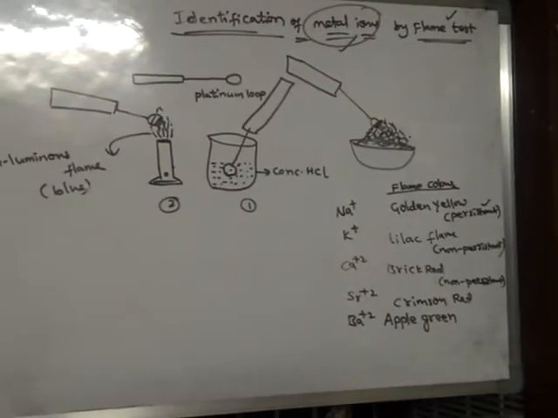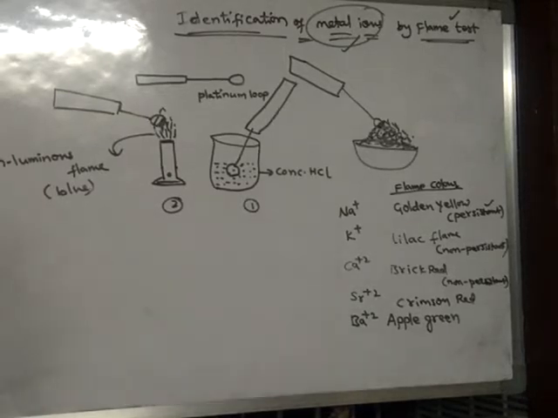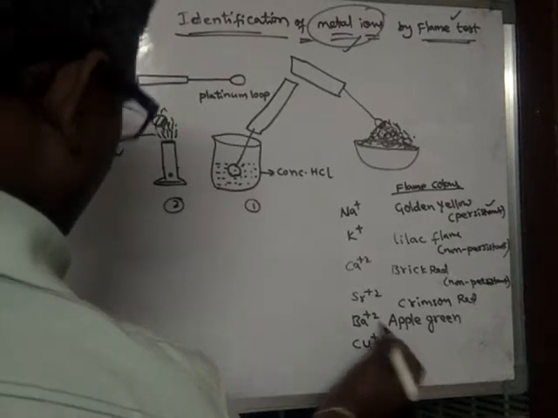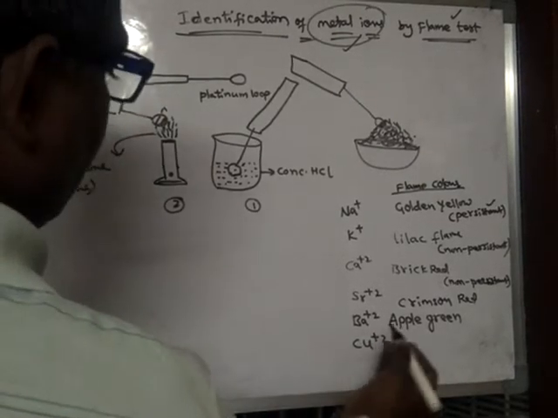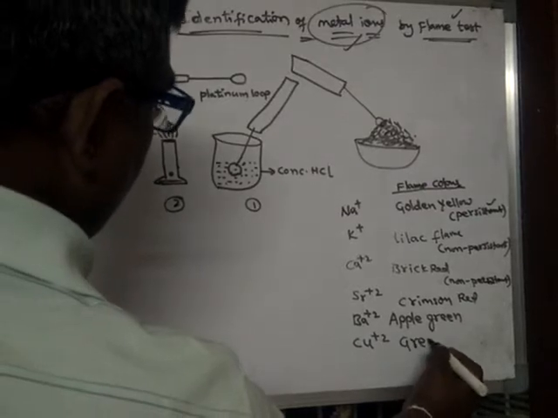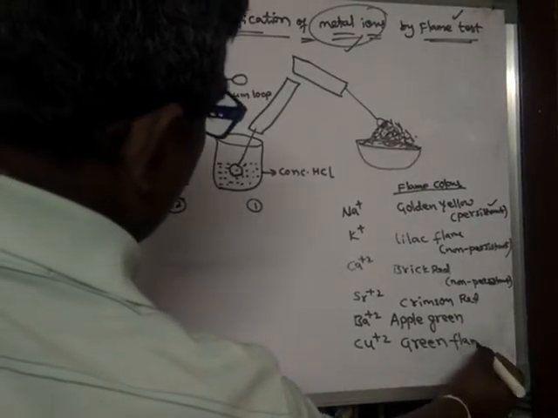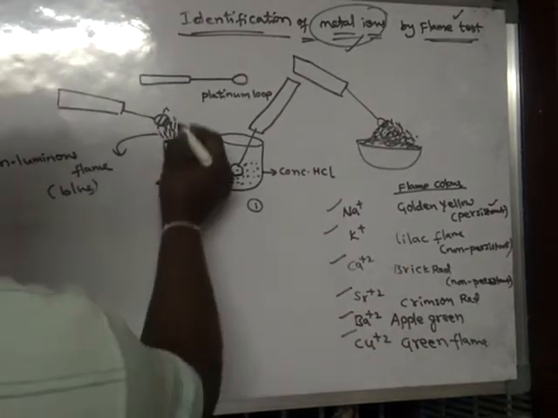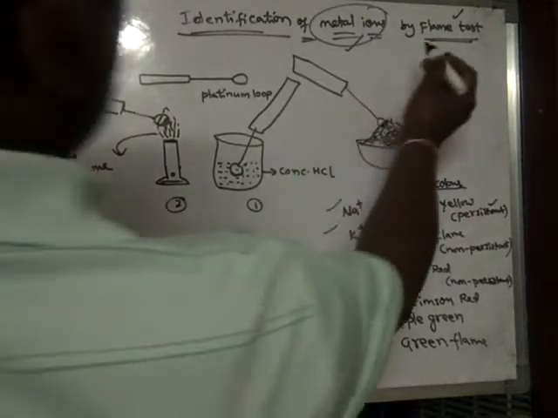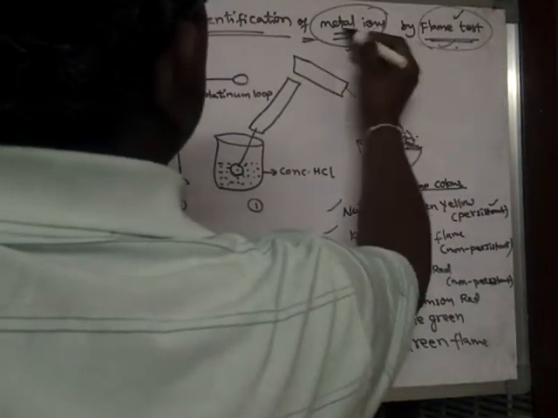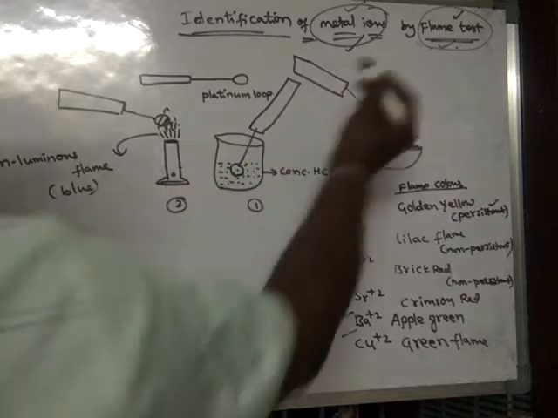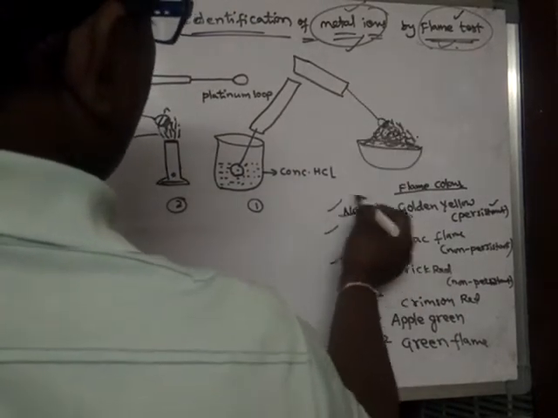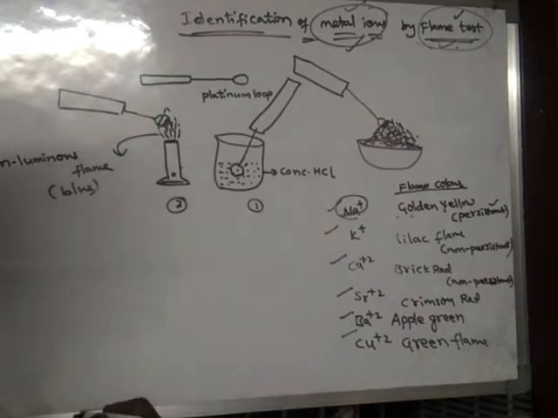In this way, suppose it is copper ion, Cu+2, then again it is a green flame. So depending upon the ion, the color of the flame will change. Depending upon the color of the flame test, we can identify which metal ion it is. If the flame color is golden yellow, the substance has sodium ion.